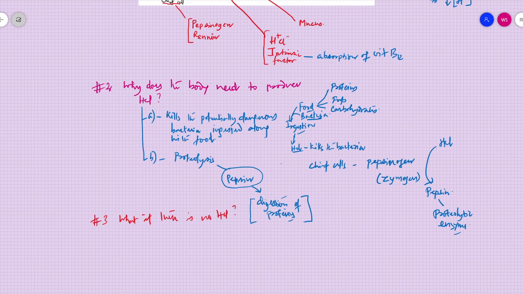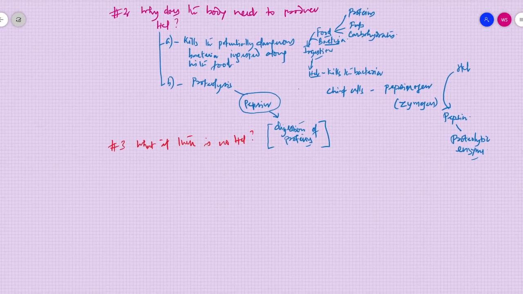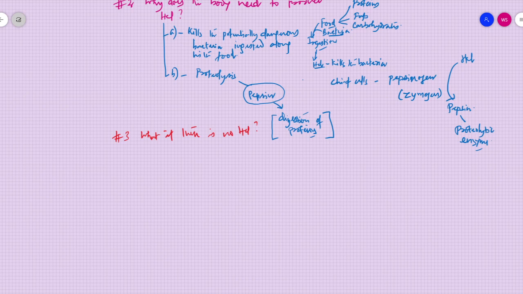If there is no HCl, that would produce a condition which is called achlorhydria. Where there is reduction in the HCl production, or no production of HCl in the stomach, that condition is called achlorhydria. So intuitively we would understand that it's not very conducive to the body.